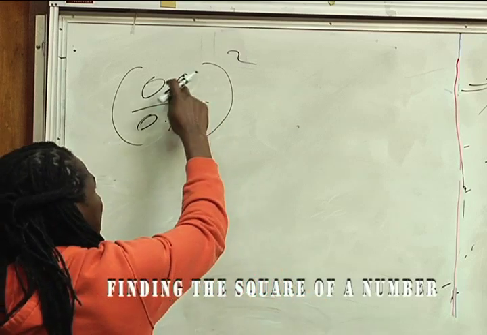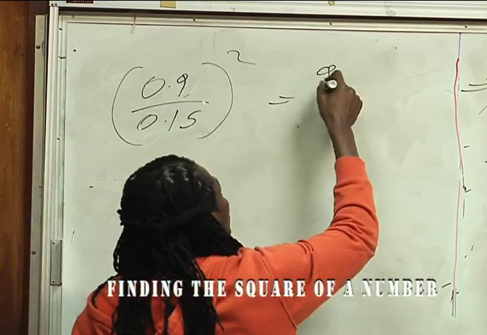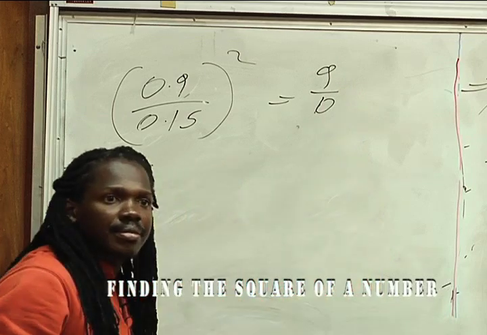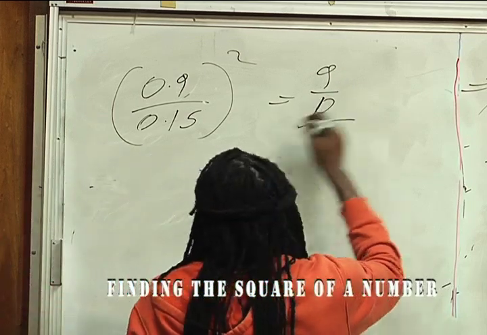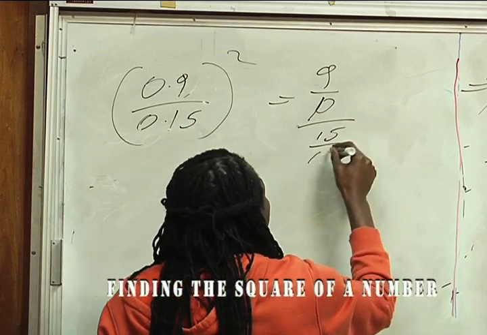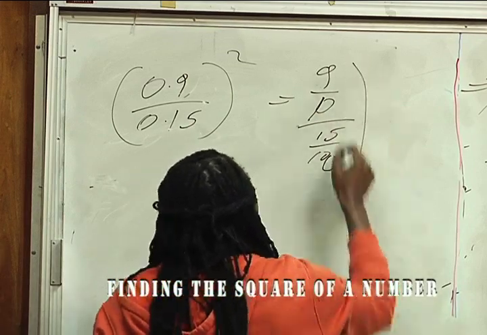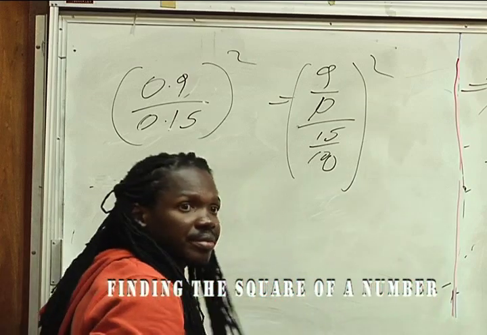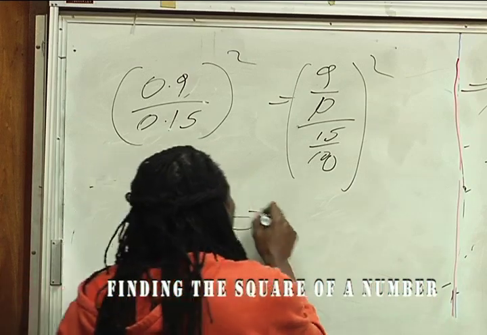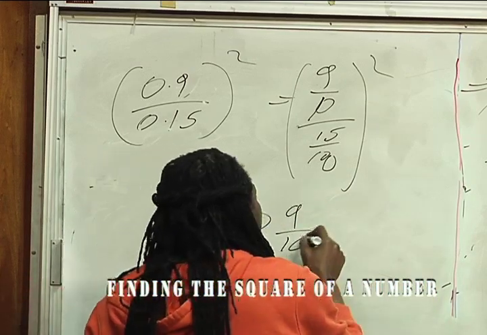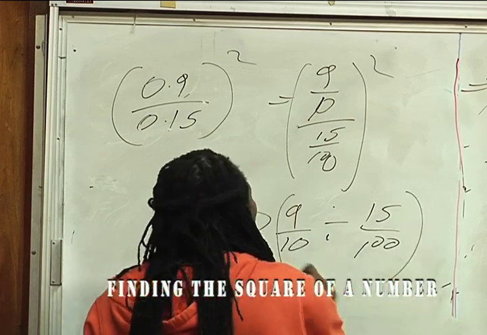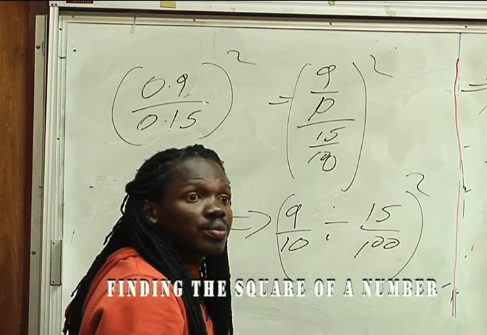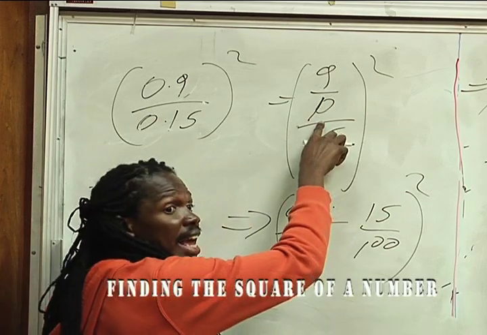This 0.9 is actually equal to 9 over 10. And 0.15 is equal to 15 over 100. This implies 9 over 10 divided by 15 over 100, all squared. See that line here?